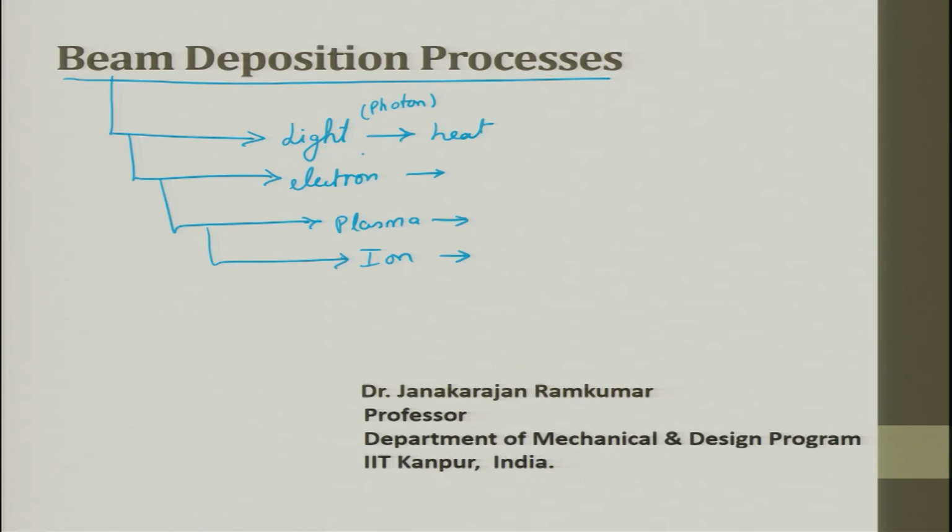We choose in such a way that it generates heat rather than transmitting. This heat will be used for sintering or melting, and you try to get the required output.